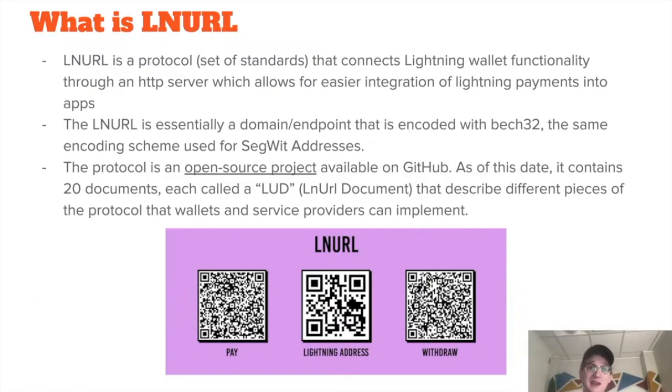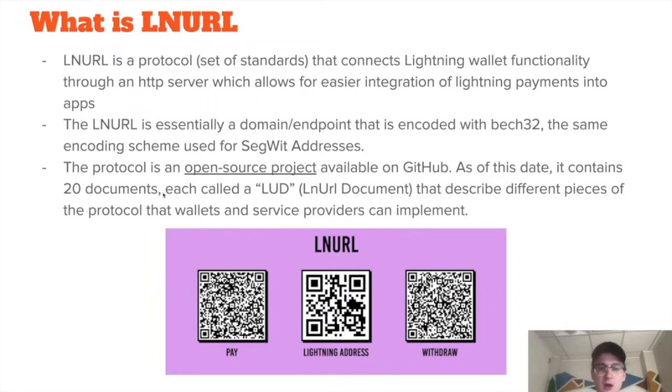So when you're scanning an LNURL to pay someone, you scan this QR code, your wallet knows how to talk to an LNURL server, and it's able to ask you, okay, how much do you want to pay this person? Or there are other actions that you can do that we won't get into, such as withdraw. You can withdraw from an LNURL. You can make a request to open channels and stuff like that.